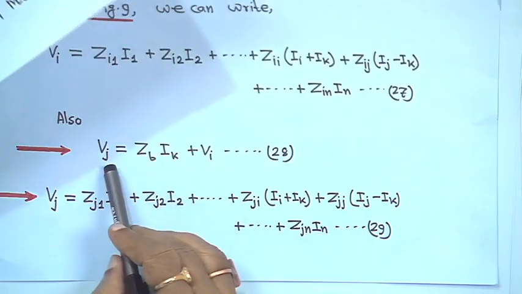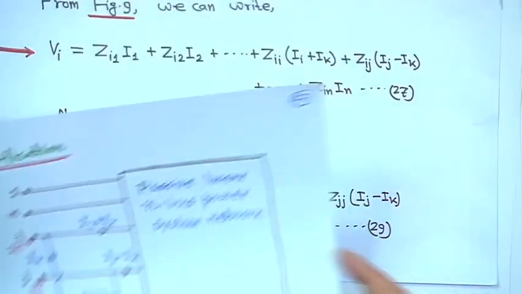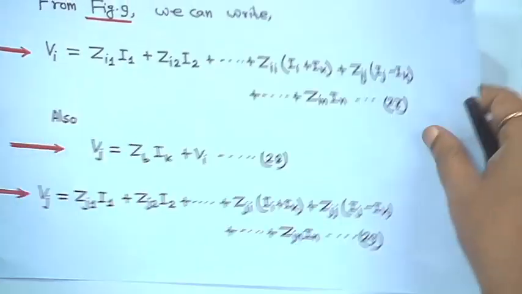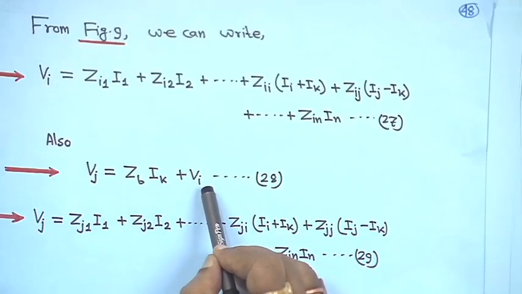So, this expression is equal to this one plus this expression. So, Vi is there, Vj is there and this expression is there.